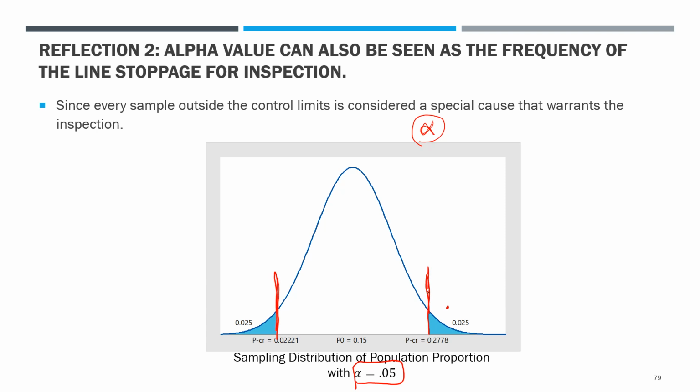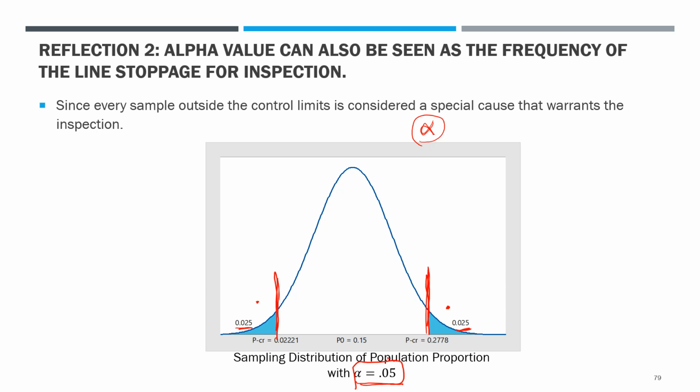This is going to be your control limit because it gives you 2.5% above and 2.5% below, and anything outside of these critical values is considered an outlier. So the greater the alpha value, the more frequently you have to stop your line for inspection.